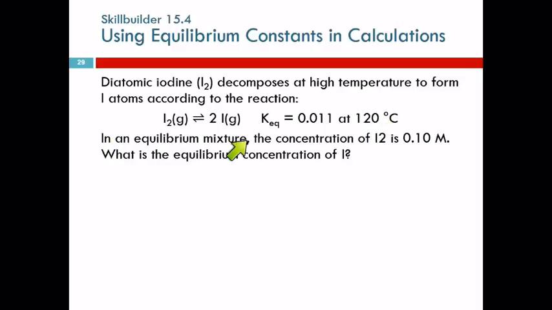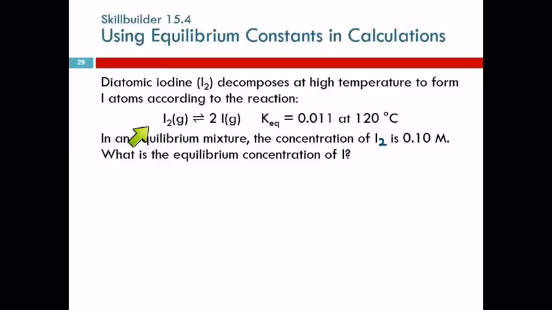In an equilibrium mixture, the concentration, oh, there's a typo, of I2 is 0.10 molar. What is the equilibrium concentration of I? Well, we need the equilibrium expression, and then we need to solve for the concentration of I.